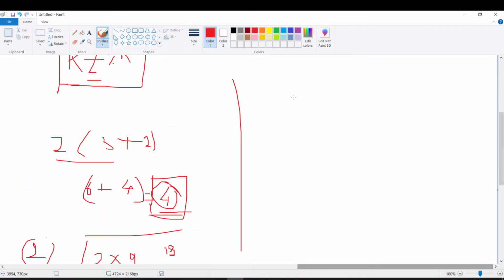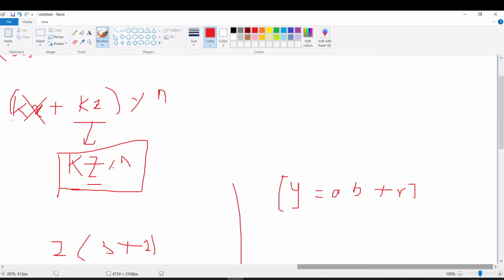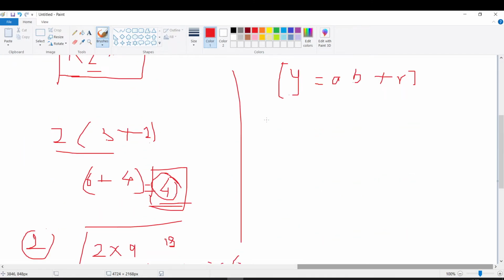Okay, so we have y. We can write y by, not Euler's, by Euclid's division lemma. So we can write this one as a, b plus remainder, right? Now let's say we have k, and then y for some number, and n can be factorized as k times something.